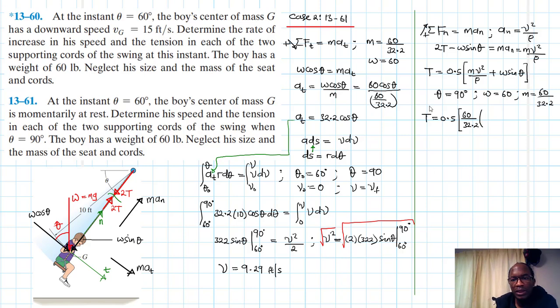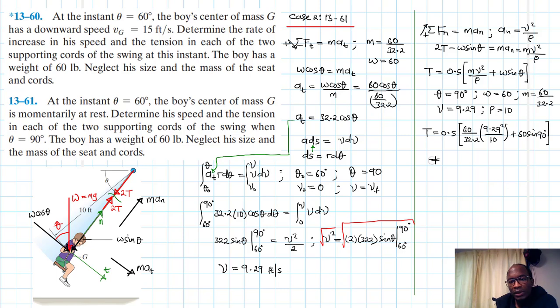I didn't indicate the v there. Let me move this down. Our v, from calculating it, is just 9.29. So we have 9.29 squared divided by rho. Our rho is equal to 10. Then plus 60 sine 90 degrees.